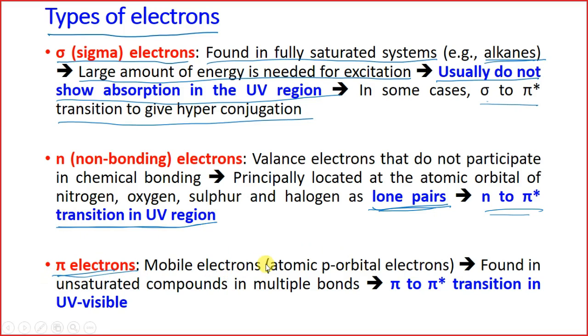These are the most mobile electrons, and they are due to the atomic p orbital electrons. They are found in unsaturated compounds in multiple bonds, and pi to pi star transition is the most common transition in UV-visible spectroscopy. So pi to pi star is the major thing.